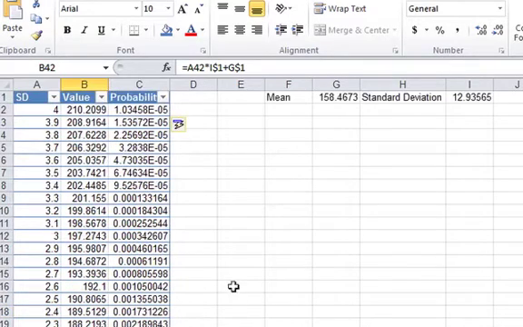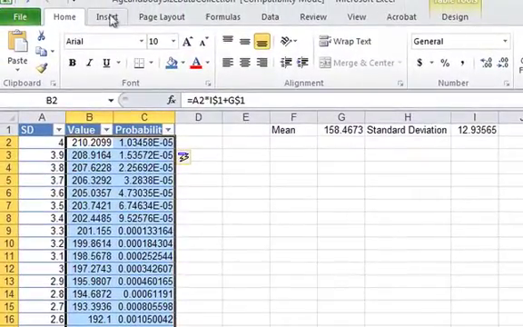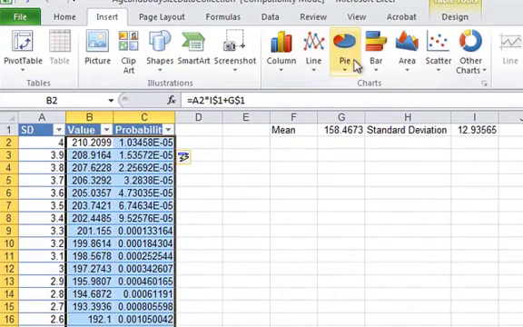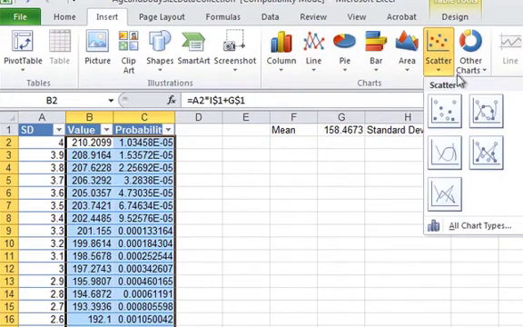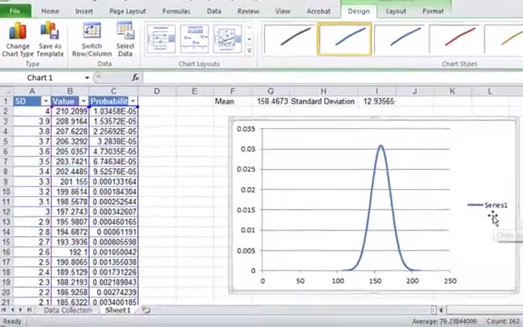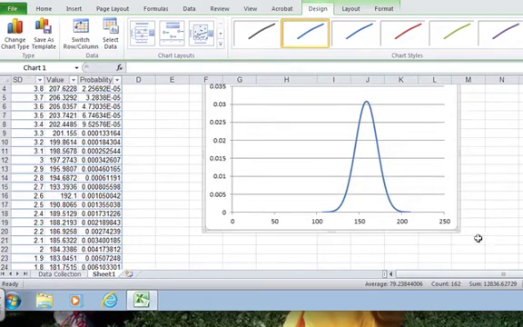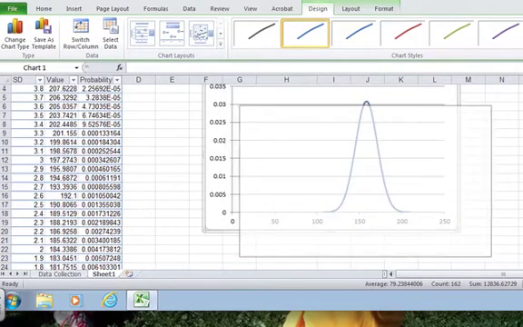So now what I'm going to do is create a chart. I go to Insert, Scatter, and we're going to choose the smooth option. This gives us a better view of how our data is distributed, if this indeed is a normal curve.